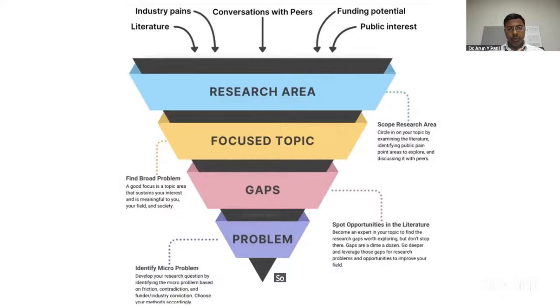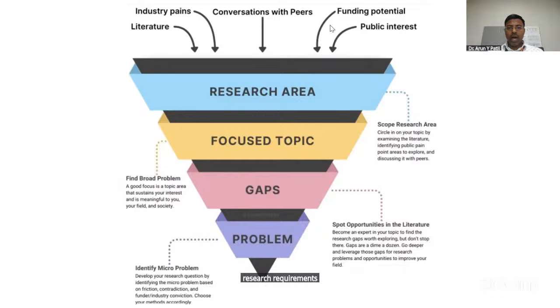So we have to visit the industries, find out what is happening currently in their department or company, and get connected. This is how the initial level of mingling will happen. Then you start connecting those things with the research requirements.